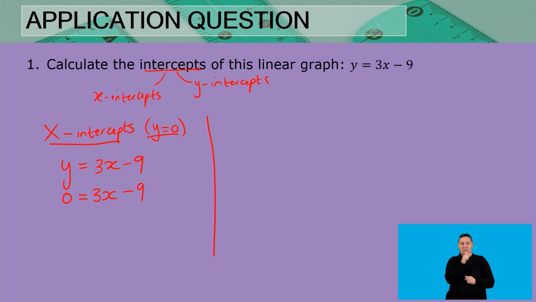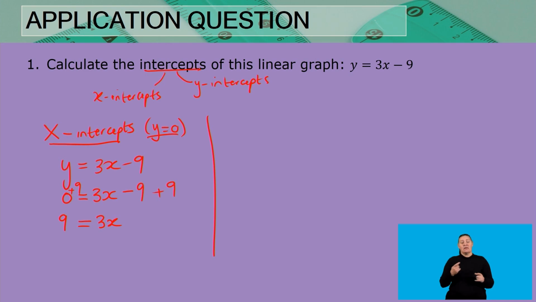So now we are going to use the additive inverse of a negative 9 so that we can make sure that we solve for x. So that is a plus 9, and we are going to apply this on both sides of the equation so that our equation is balanced. So on this side, we are left with 3x, and 0 plus 9 on the other side is equals to 9.